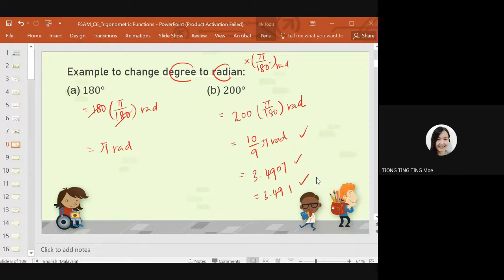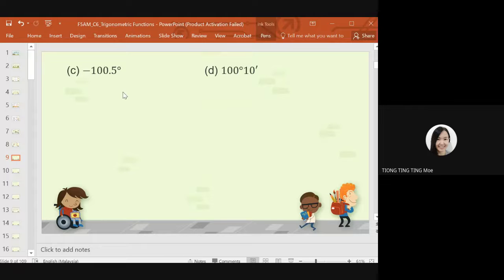Okay, this is the basic knowledge about the calculation. Now you try this one. Negative. How to do negative? Same thing. Don't panic when you see negative. Degree changes to pi radian, multiply by pi over 180. Just leave it in pi radian, no need to change.